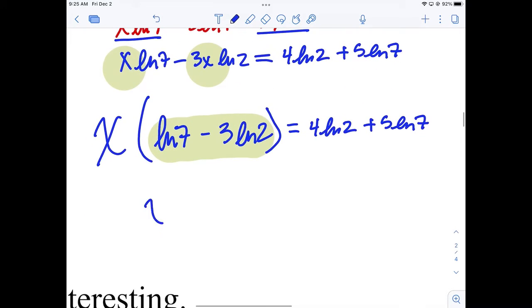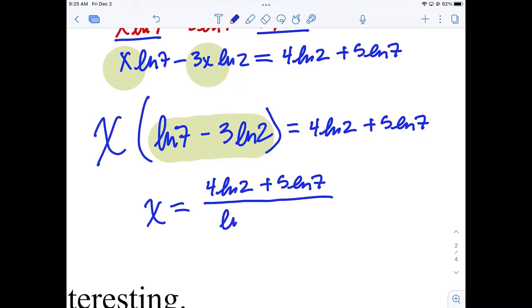I'm not going to show it because it's a lot of writing, but I get x equals the right side, which is my numerator, and now it's all over ln of 7 minus 3 ln of 2. Wow. That's the exact answer. X equals natural log soup.